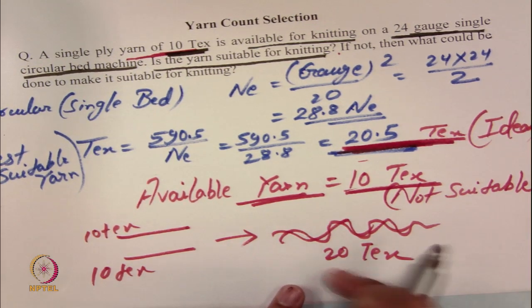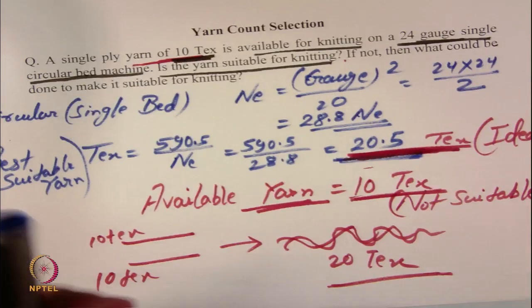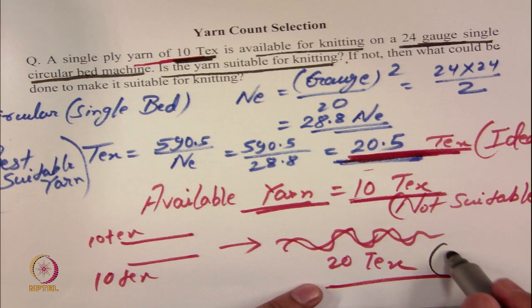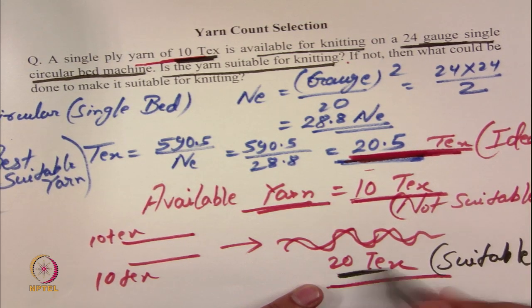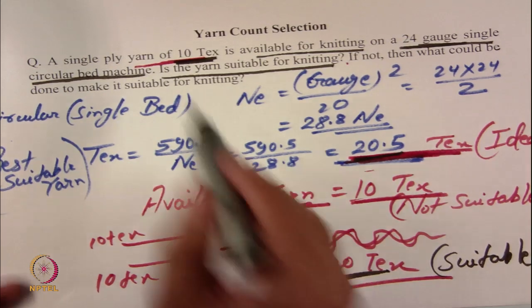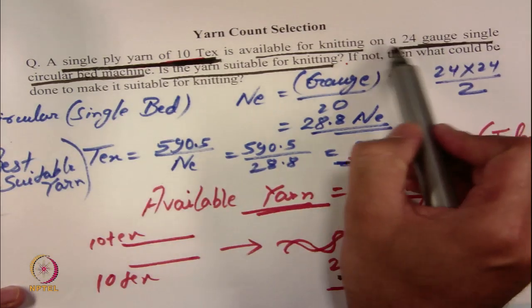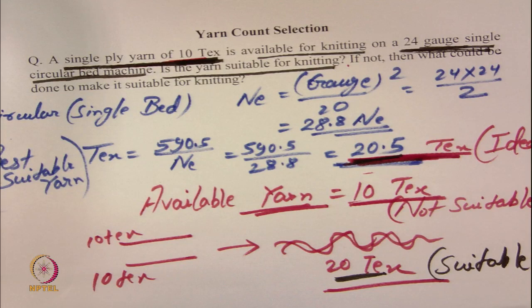A double ply yarn will have 20 tex. Now, this yarn is suitable on the machine, because it has 20 tex, and you can see here it is also 20 tex. So, a single ply 10 tex is not suitable for a 24 gauge machine, but if you make 2 ply of 10 tex, then it can be suitable.